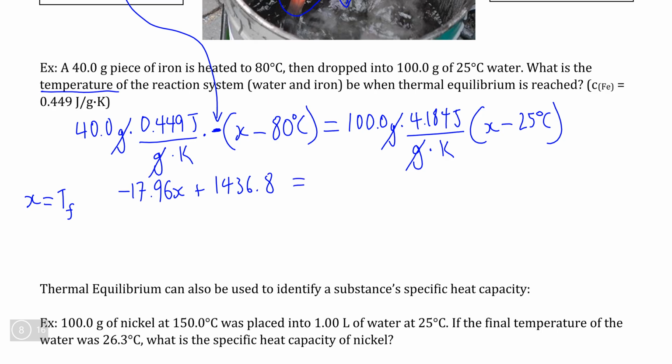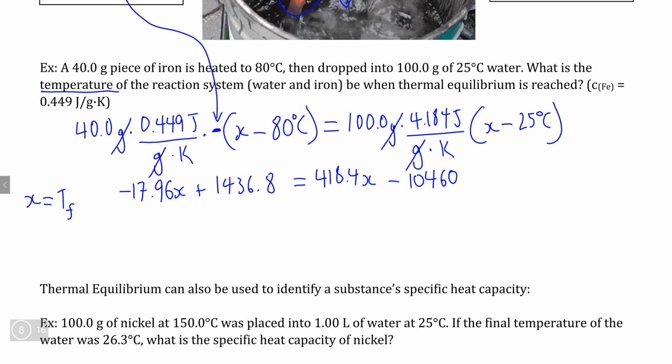And if we expand this out here, again, 100 times 4.184 becomes 418.4 times x minus 10,460. And then from here, it becomes a simple matter of isolating all of our x terms on one side and all of our constant terms on the other side.